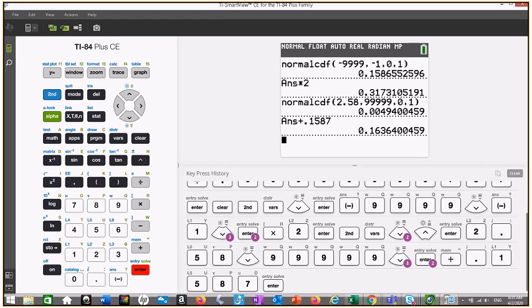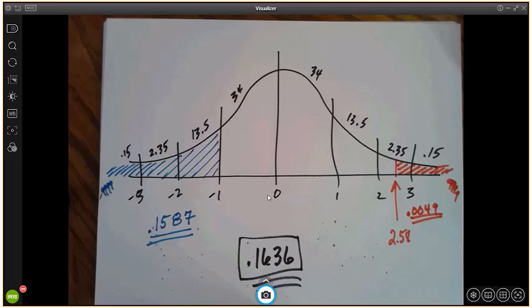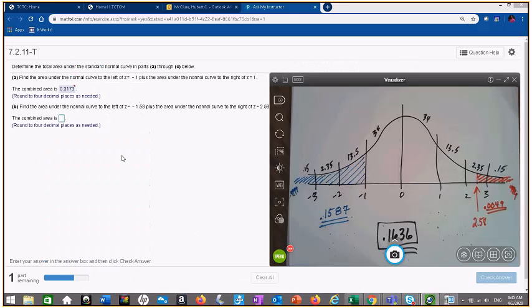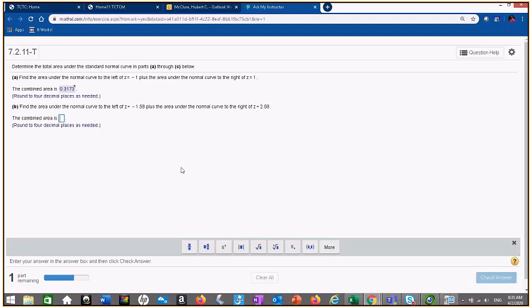Oops, I didn't draw the do-jigger, sorry. There it is. So let me make that small, go back to the original question, and 0.1636.